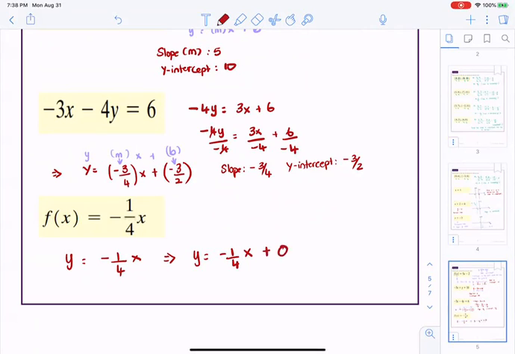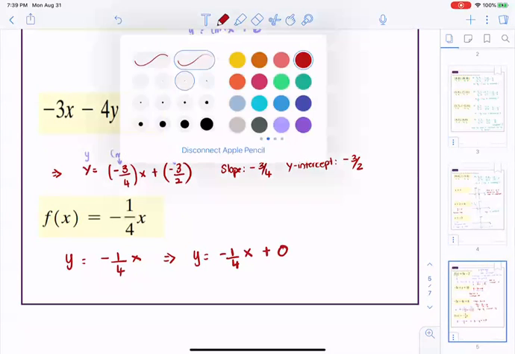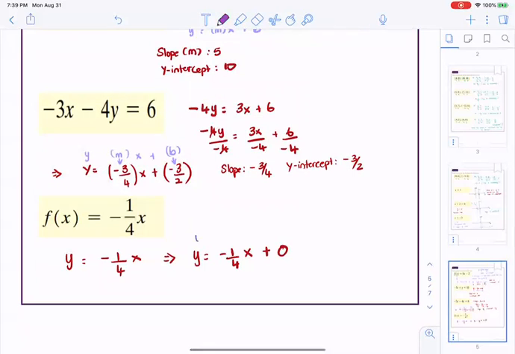You can add 0 to anything, and it's not going to change the algebra. So I can throw in 0 anywhere I want. You can also subtract 0, but negative doesn't matter when you have 0. So if you look at that expression after we add that 0, we have y equals mx plus b, and the m here would be negative 1 over 4.